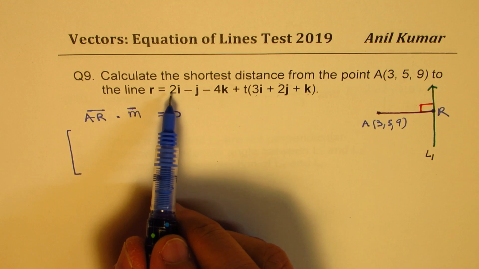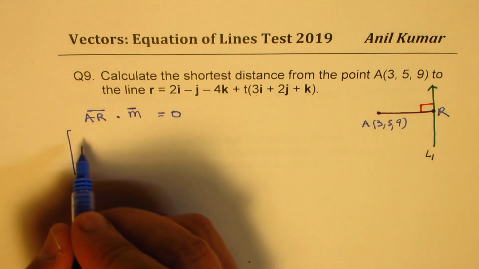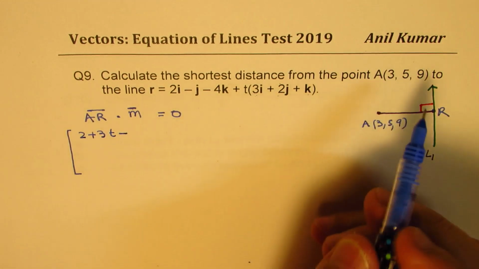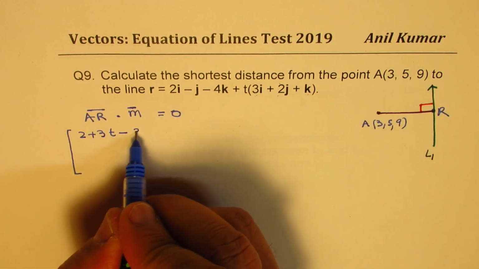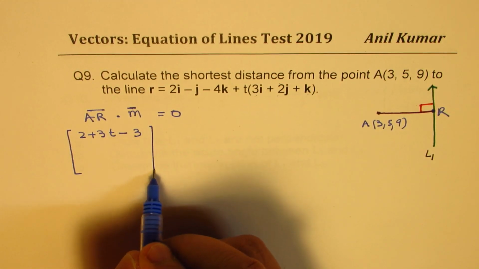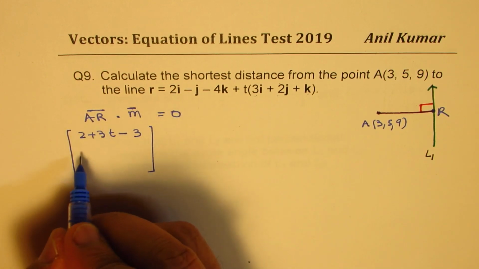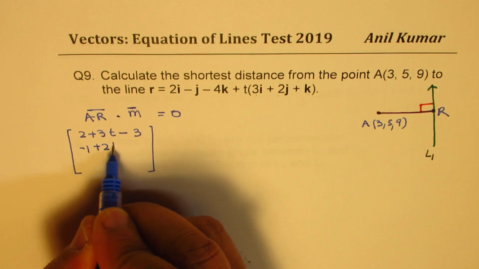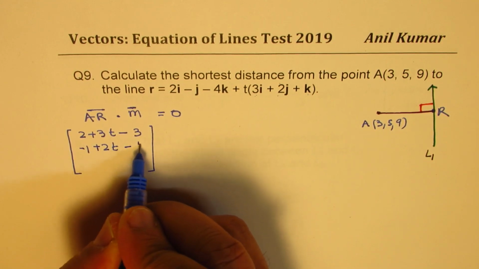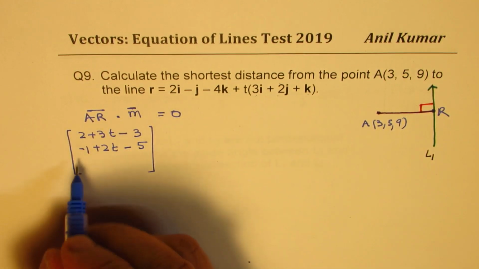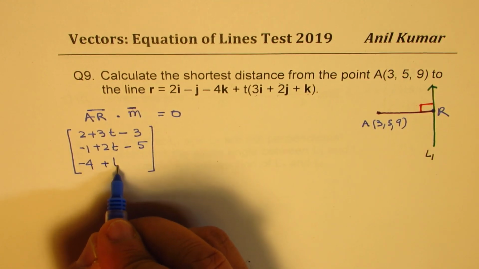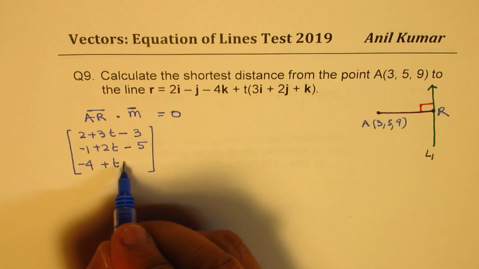Is that clear? So from A to R, it is going to be the point R, 2 plus 3t, minus A, which is 3, minus 1 plus 2t minus 5, and minus 4 plus t minus 9.